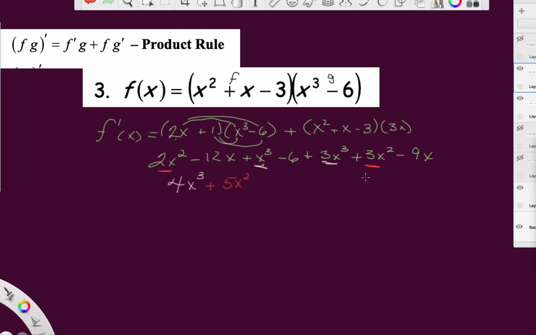And then do I have any x terms? Yeah, I have a minus 9x and a minus 12x. Put those together, I have negative 21x. Sorry about that. And last but certainly not least, I'm just going to tack on that minus 6. So there we go. That's it for product rule.